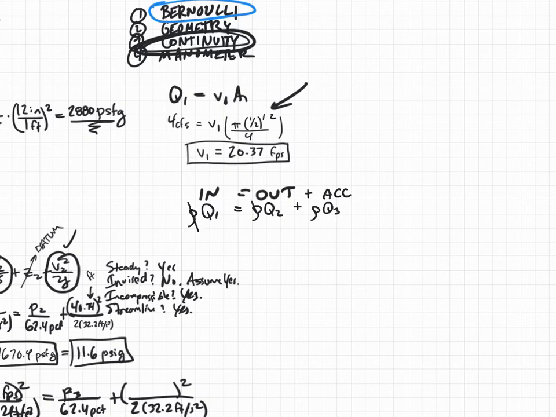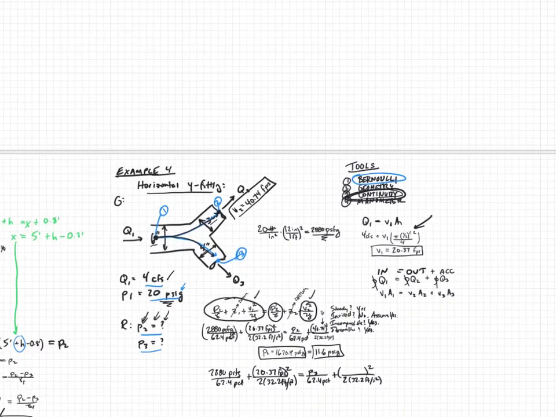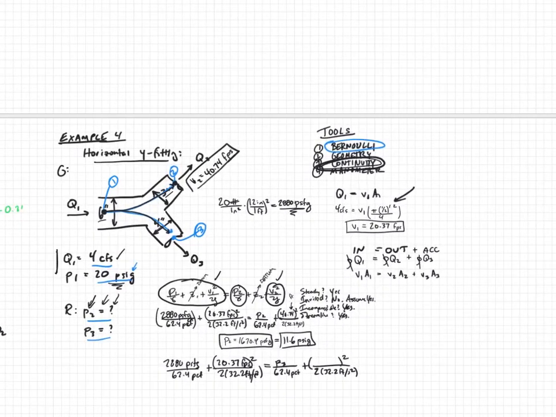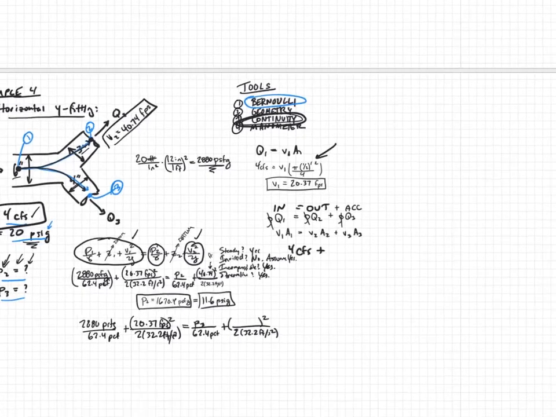We note that the rhos are all the same, so those are going to cancel. So Q1 is V1A1 equals Q2, V2A2, plus V3A3. Okay, so V1A1, well, actually, they gave us Q1, so we don't need to do all that. So let's just make this 4 CFS.